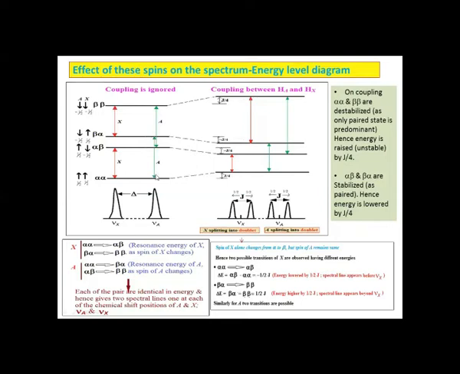But in the next case, the separation between alpha alpha and beta alpha, and between alpha beta and beta beta, shows the spin change of A, and these transitions are said to be the resonance energy of A. So the transitions between these various energy levels give rise to two identical spectral lines, one at each of the chemical shift positions of X and A, which are designated as nu X and nu A. So these are the chemical shift positions of these two peaks.